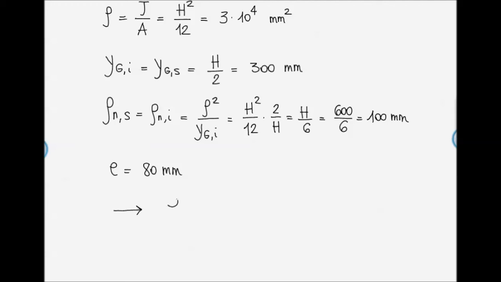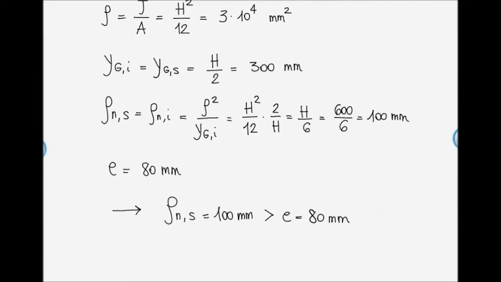So we have that rho NS equal to 100 millimeters is greater than E, which is 80 millimeters. So we are in a situation of small load eccentricity, as we have already observed before. Well, and the differences between the values of rho NS calculated by considering the presence of the reinforcements or by neglecting it is 24 millimeters.